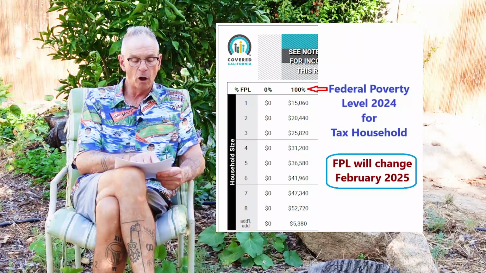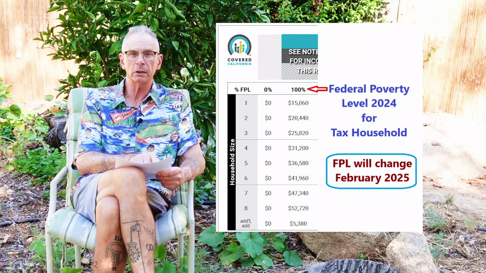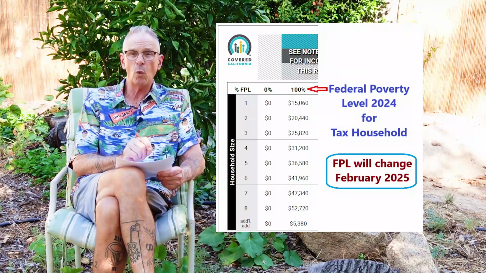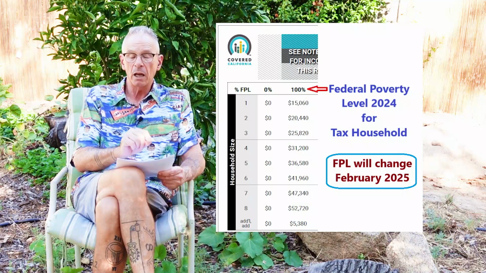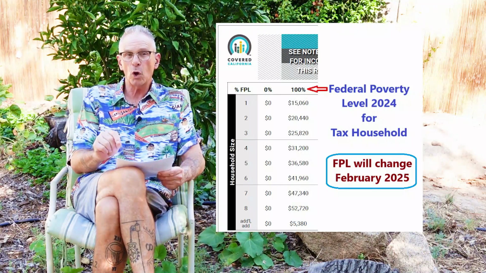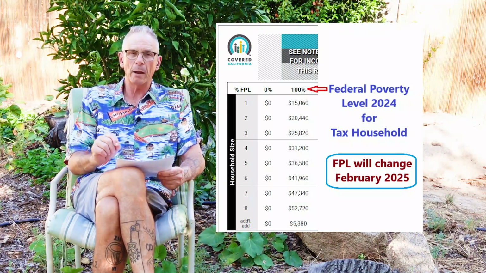Now, one of the columns is marked 100%. That is 100% of the federal poverty level for 2024. They use the 2024 federal poverty level and increase it for the different programs that they have.